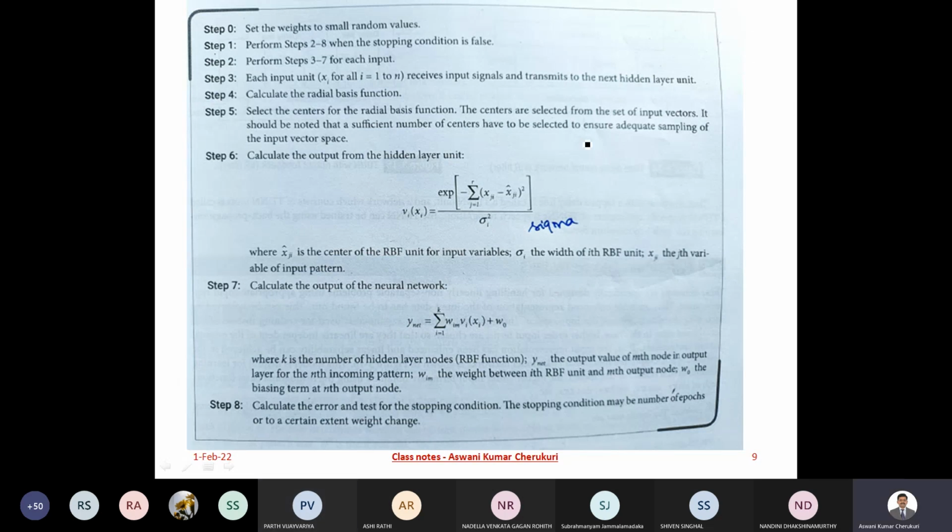Once the activation is calculated, finally we verify the output of the neural network by adjusting the connection weights.